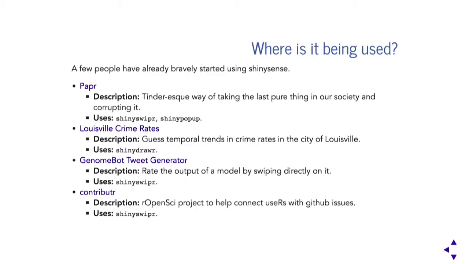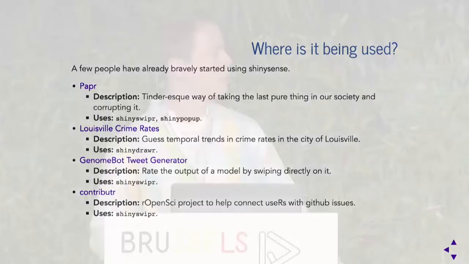Somebody wrote a Shiny app with a Markov chain bot that generates tweets, and I think it's a reinforcement learning demo where you say, this is a good job making this tweet, or don't do that ever again. That uses Shiny Swiper. And another rOpenSci project that Lucy is involved with is Contributor, which is linking R users with GitHub issues, which is kind of cool.